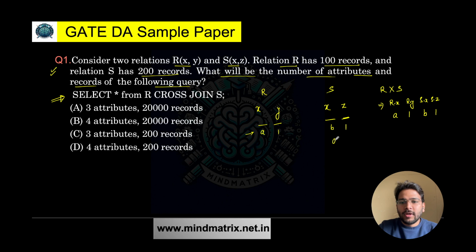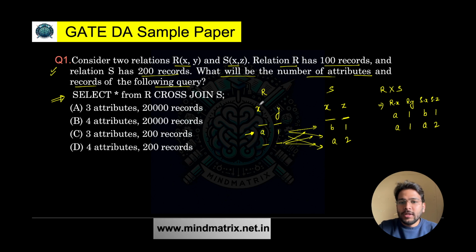Suppose you have A2 also. So here also you will be getting A, 1, A, and 2. So for every row you are going to perform a cross product with each row of S. Similarly, if you have more data here, again you are going to perform cross product.